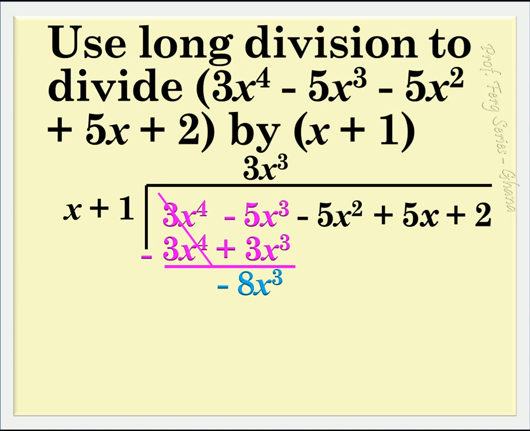To subtract, 3x^4 cancelled each other. And minus 5x^3 minus 3x^3 gives us minus 8x^3. So write down the minus 8x^3.